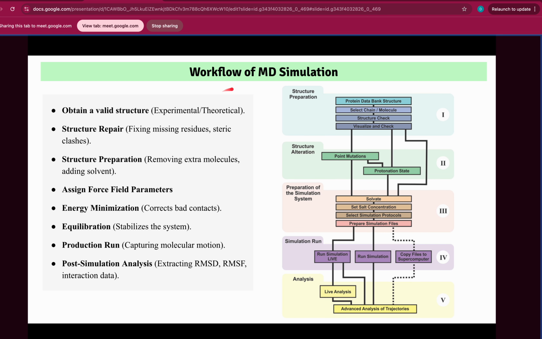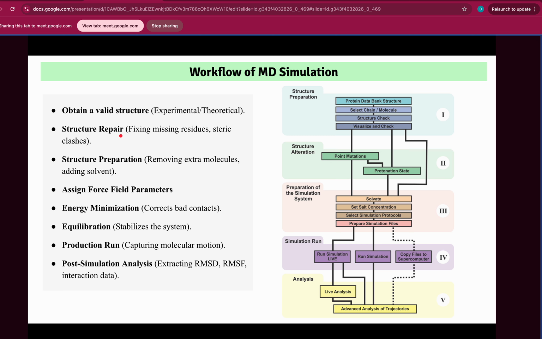Okay, now we'll see the workflow of MD simulation. We have looked into the overview of MD simulation. Now, one by one, we'll see the workflow. This slide shows the overall workflow. Firstly, we need to obtain a valid structure, which could be experimental or theoretical. From the PDB you can get the protein three-dimensional structure. Then structure repair.